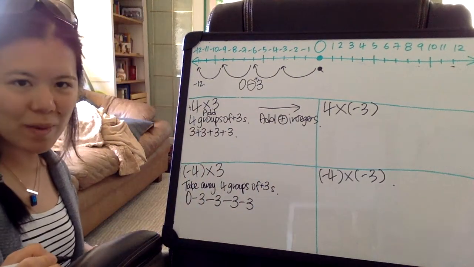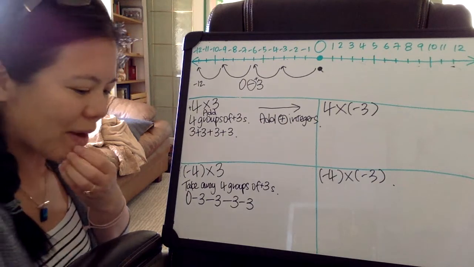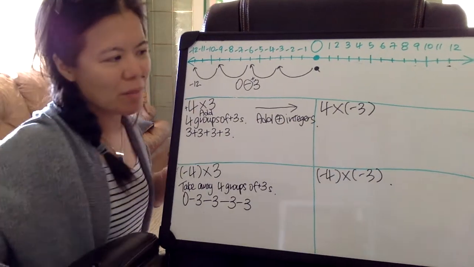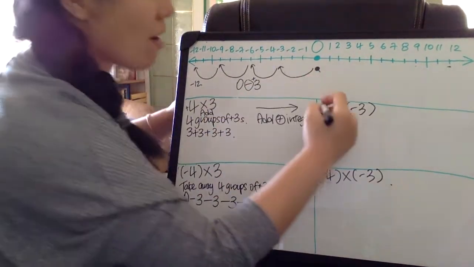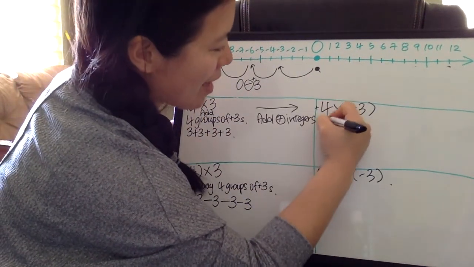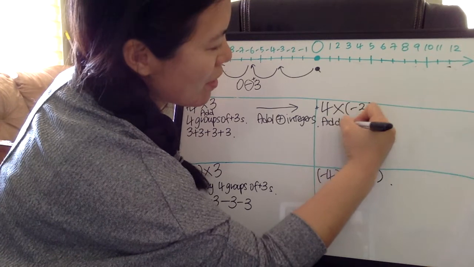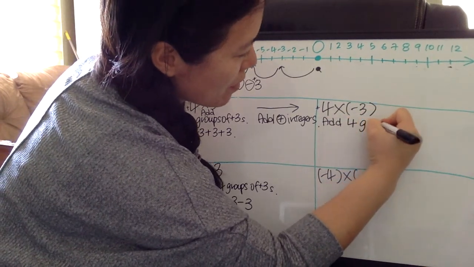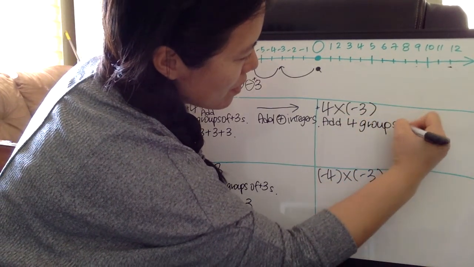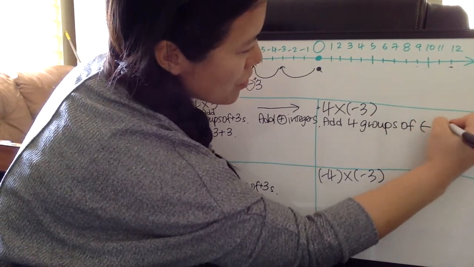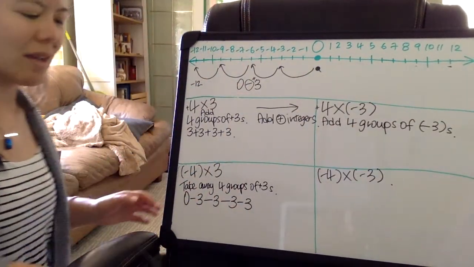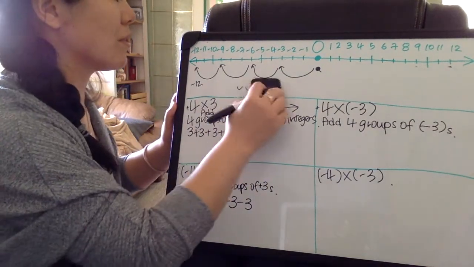You could write it this way as well. And the next one is this one. Okay, so this means you are adding 4 groups of -3 integers. Okay, so what would you do?